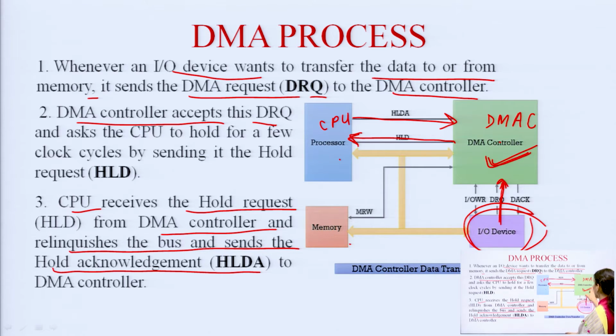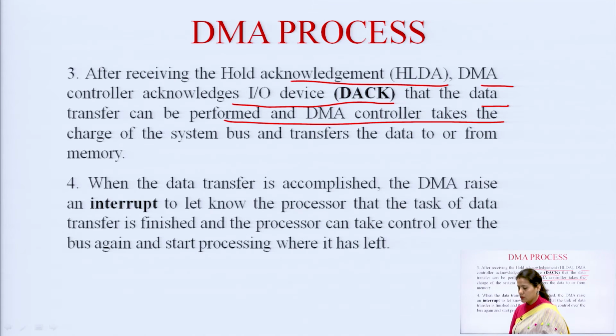Now, after getting the acknowledgement signal from the CPU, DMAC will send the acknowledgement signal to the input output device also. What is this signal doing? This signal is telling the input output device that yes, the buses have been freed up by the processor and now the DMAC has the control of the buses, and the direct memory access request has been acknowledged and the direct memory access can be done.